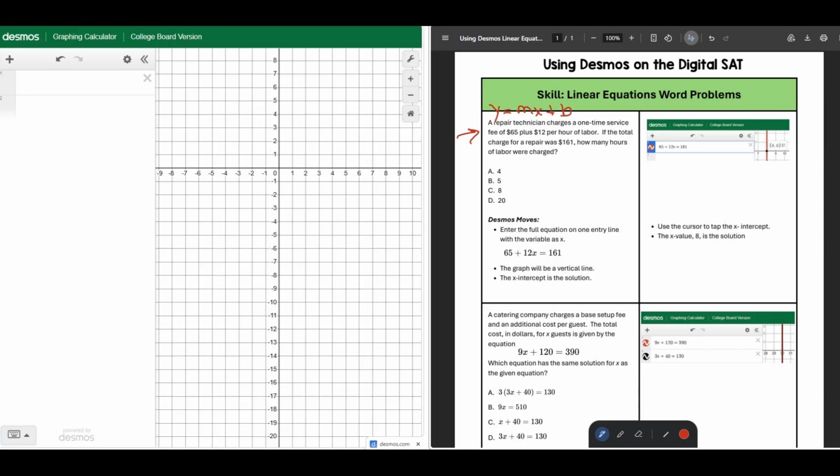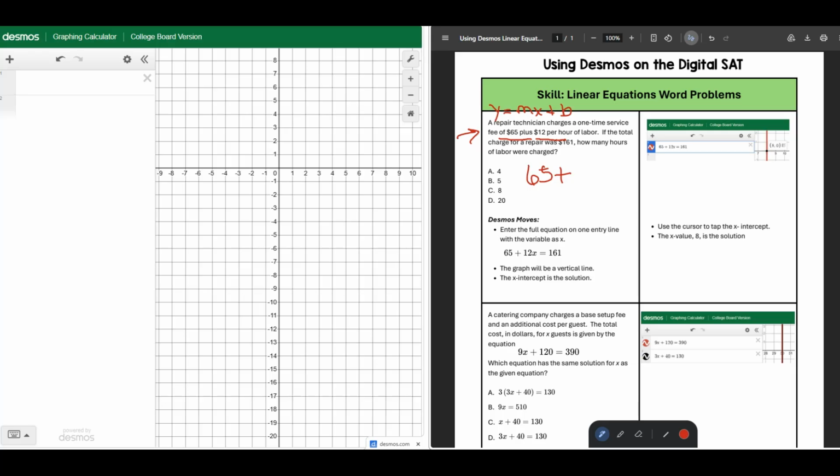And from here, what we're going to find is we have 65 plus. If you write it exactly how it's stating, 65 plus, and then 12 per. A lot of times when you see a number per hour, per day, per week, that is your slope, or your constant rate of change.